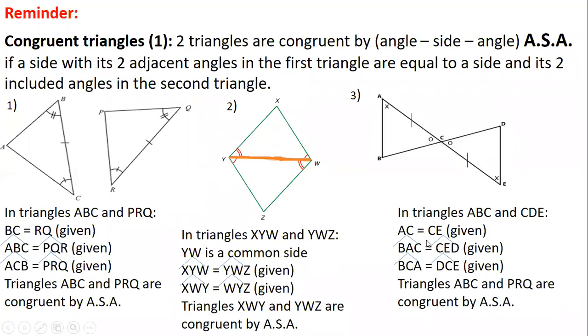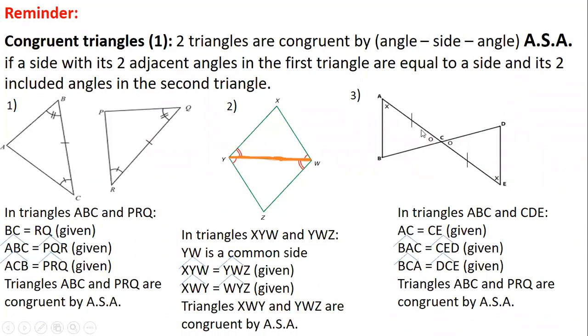So first we read the starting sentence again. In triangles ABC and CDE, we have AC equals CE given. Okay, look at the figure, Leia. Side AC is marked and side CE is marked.